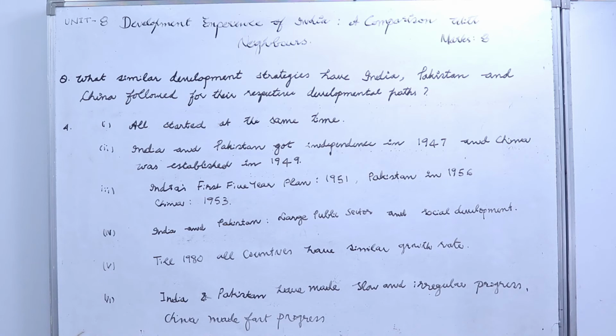The second point: India and Pakistan got independence in 1947 and the People's Republic of China was established in 1949. Third point: all three countries started planning their developmental strategies in similar ways. India announced its first 5-year plan in 1951, Pakistan in 1956 and China in 1953.